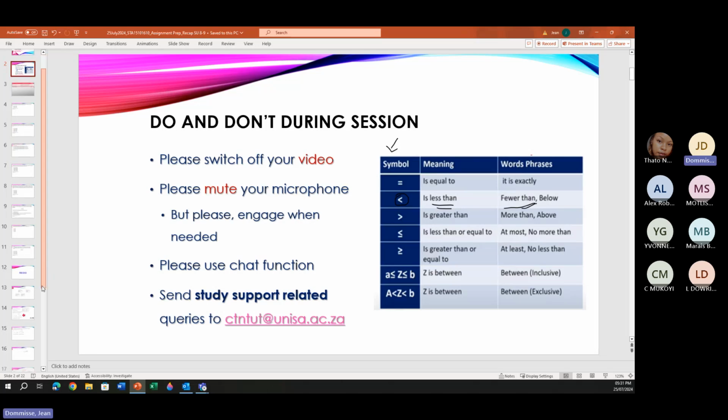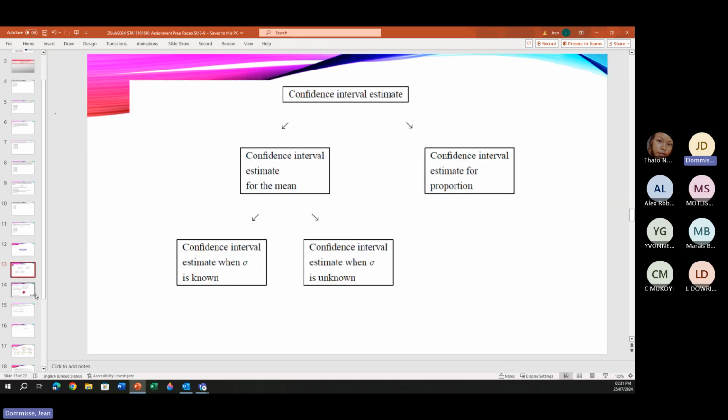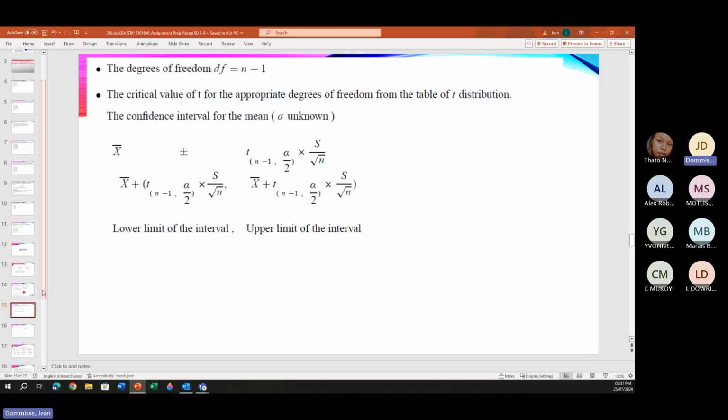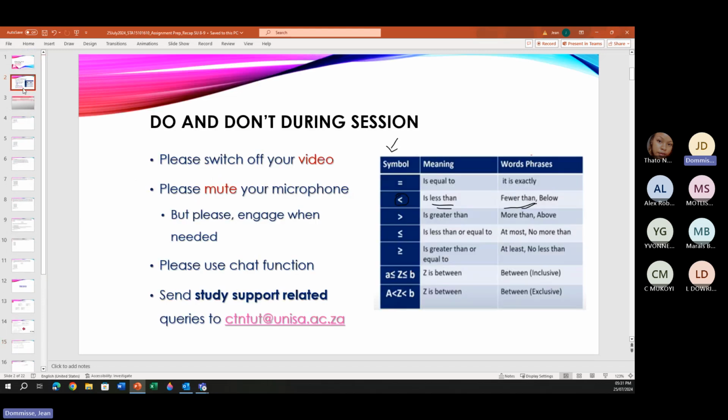Also, after the examples that we will go through, I will include information around the formulas and the steps and all those kind of things, so that we have all of that combined into one presentation.